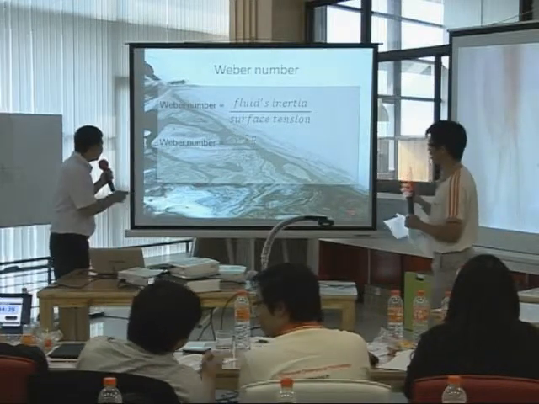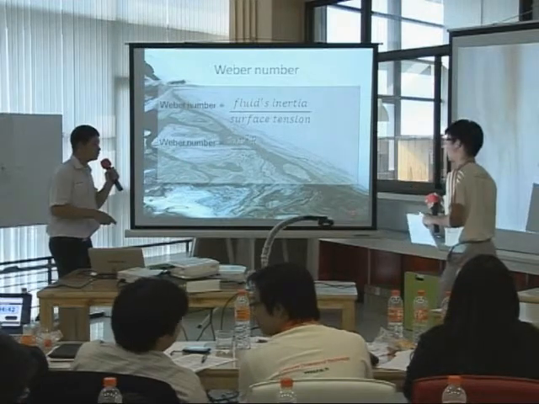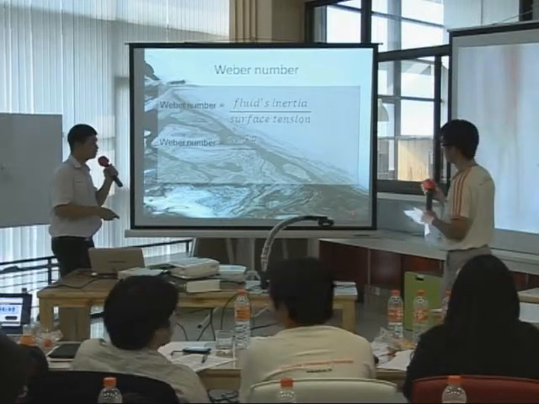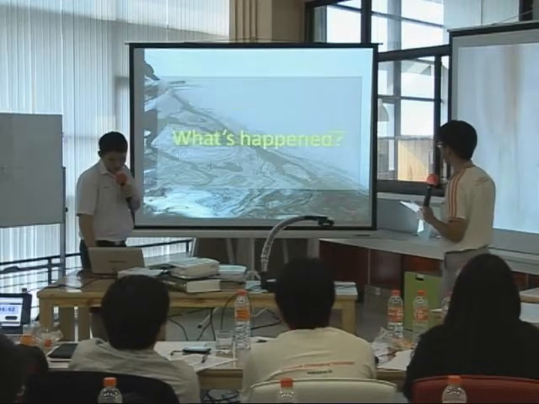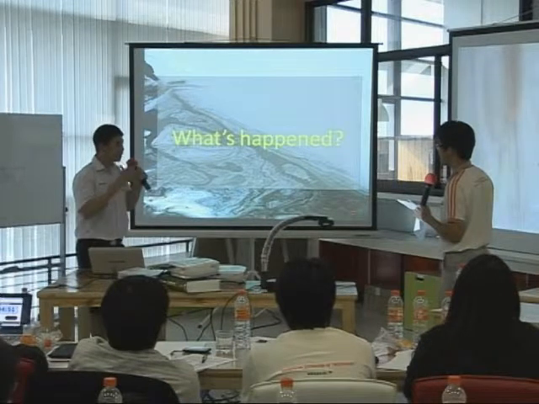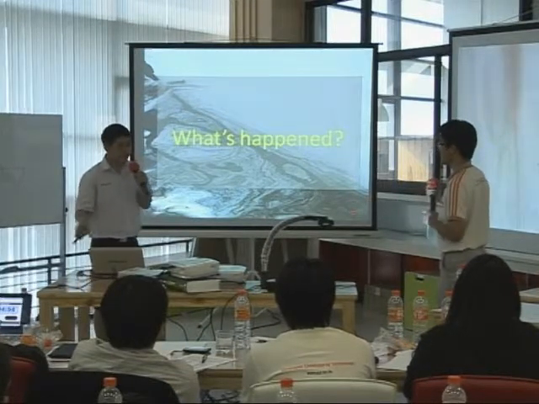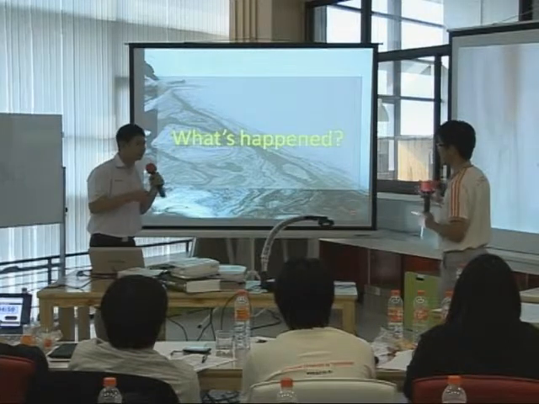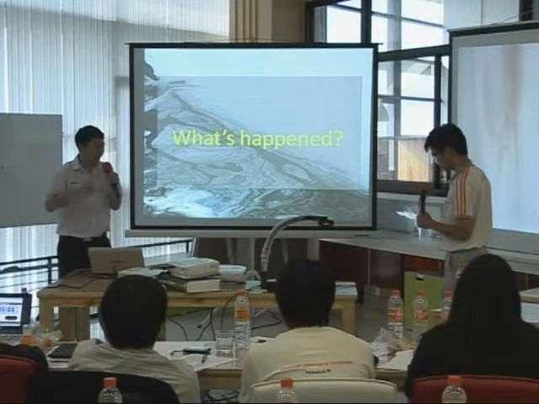But if we have a big R, that means the Weber number will be big, right? If you want it to refract, you just give a small theta, it will refract. If you want it to absorb, you just make a big theta and it will be absorbed.